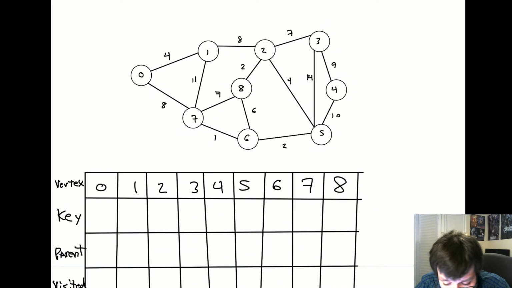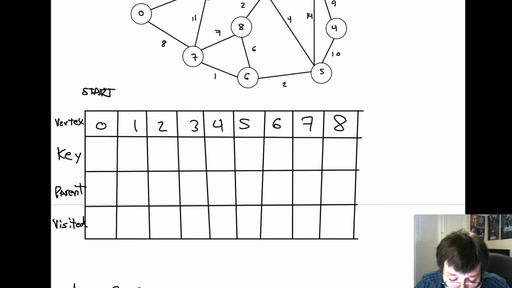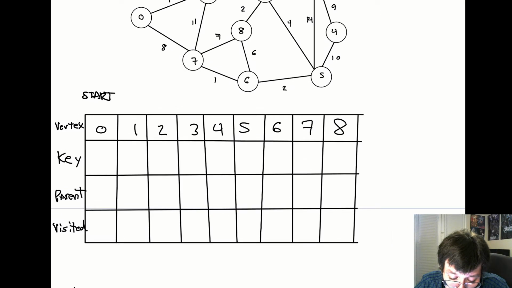Okay, so we're going to start out. So again, we're going to say the 0 is the start. And again, it doesn't really matter what our destination is because this will compute it for everything. So we don't really need to set a destination. And even if we did, you could stop searching at that point if you mark the vertex that you want, if you're only computing this for one vertex and you never cared about the other ones.